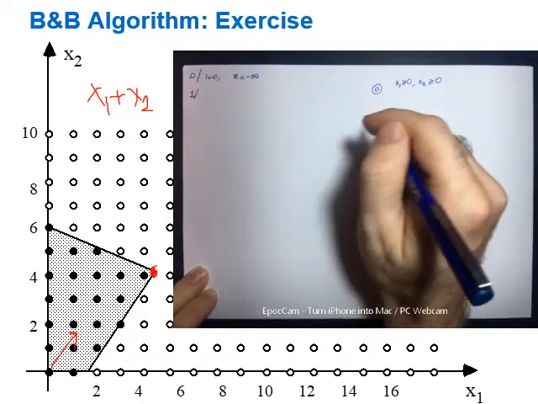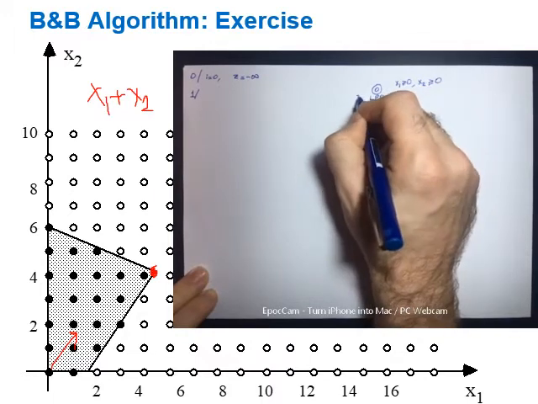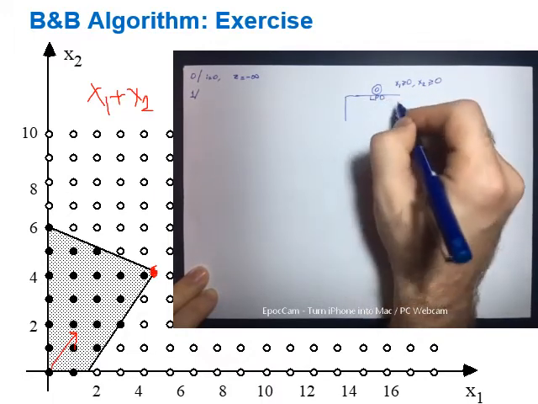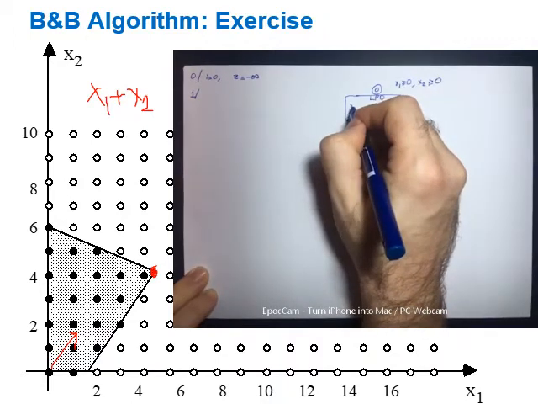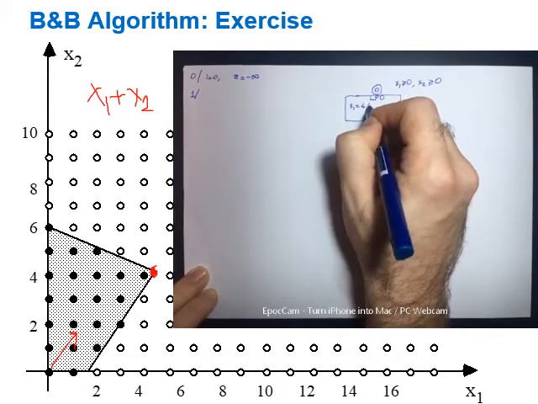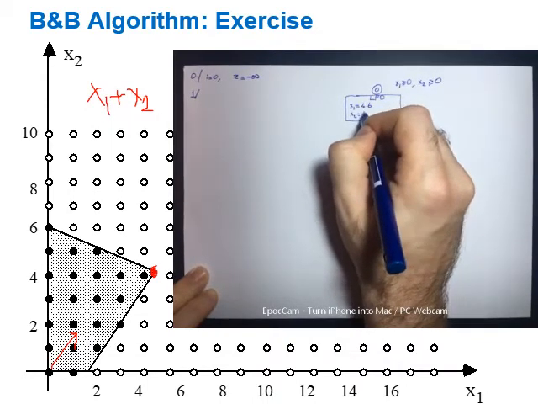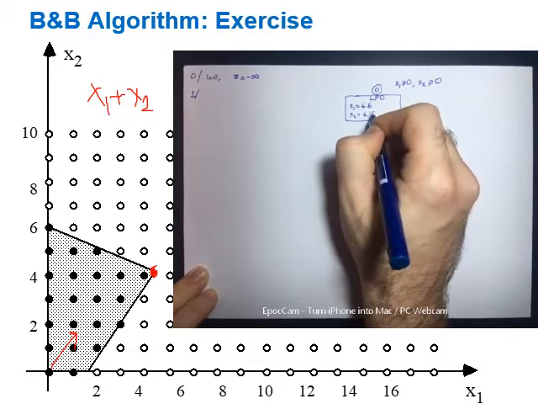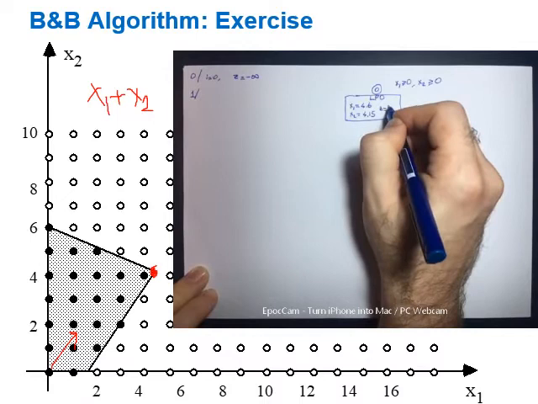And when you solve, let me write LP0 in a rectangle, and that solution corresponds to x1 equals 4.6 and x2 equals 4.15 with a z value equal to 8.75.